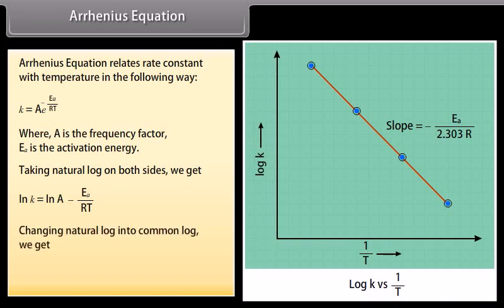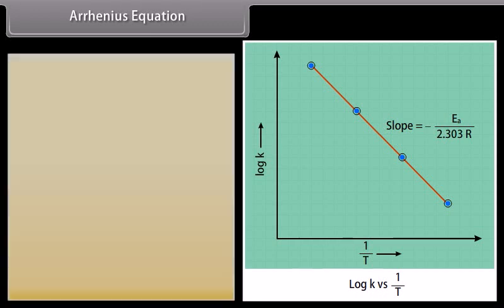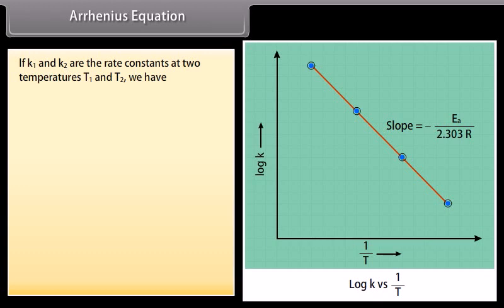Changing natural log into common log, we get log K is equal to log A minus Ea upon 2.303 RT. If K1 and K2 are the rate constants at two temperatures T1 and T2, we have log K1 is equal to log A minus Ea upon 2.303 RT1.